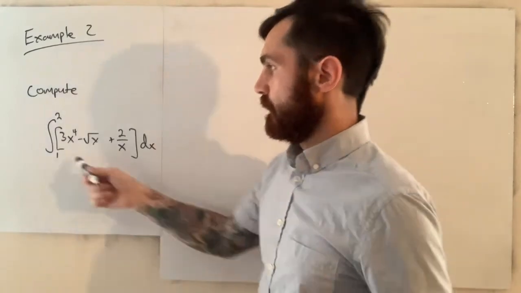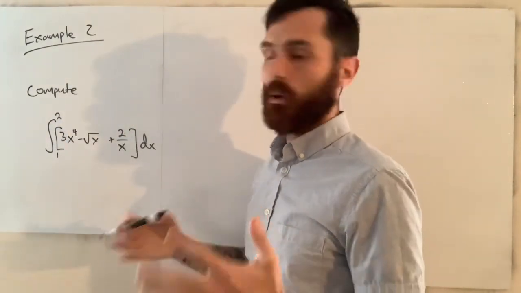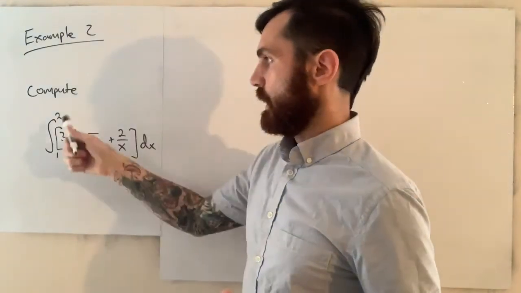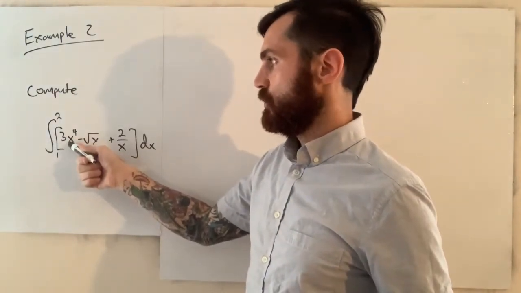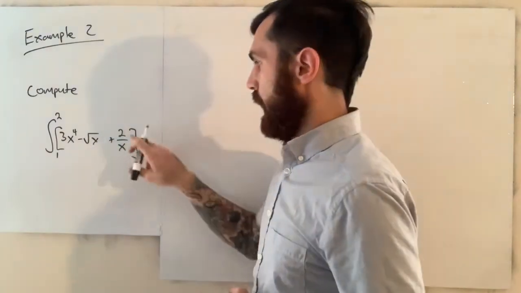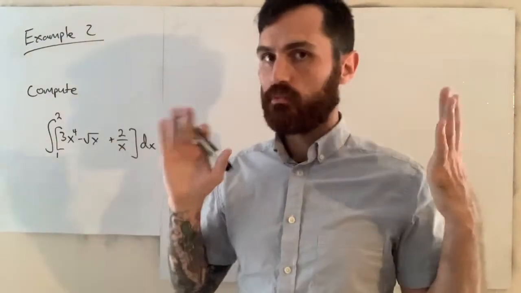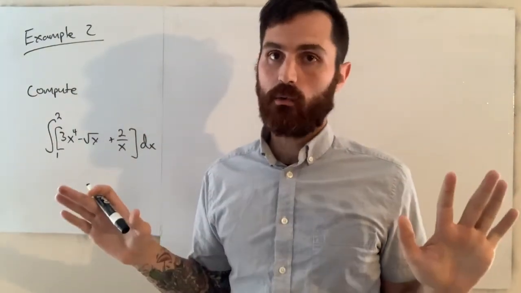Well, we know the interval from 1 to 2 is always going to be positive numbers. I can always plug all of those numbers into x to the 4th. I can plug them into the square root of x, and I can divide by all of those numbers between 0 and 2. So I'm good. There's nothing wrong with that.